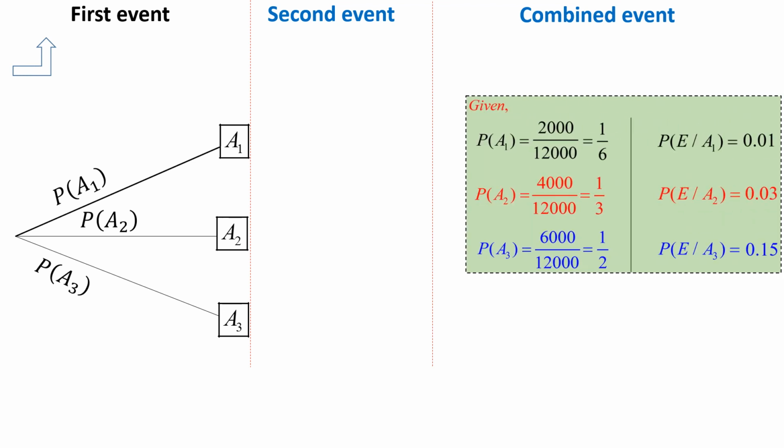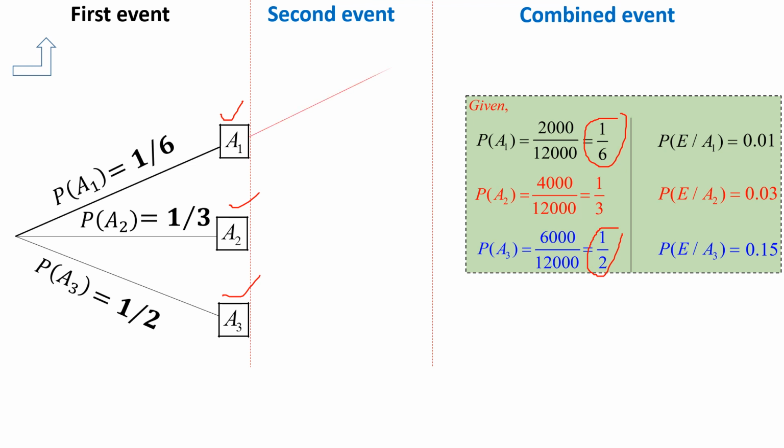From the previous slide, we know that P(A1) is equal to 1 by 6, P(A2) is equal to 1 by 3, and P(A3) is equal to 1 by 2. So they are the individual probabilities for the scooter driver, car driver, and truck driver.